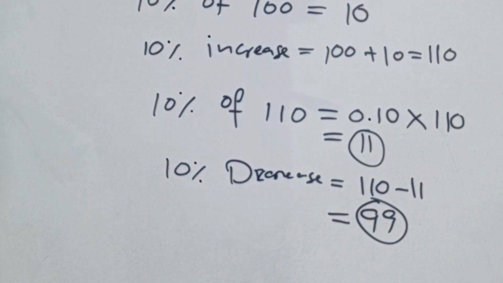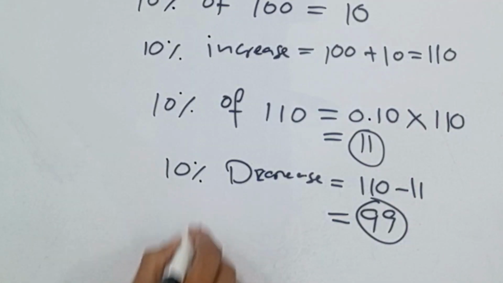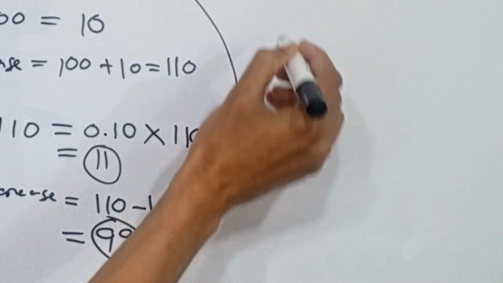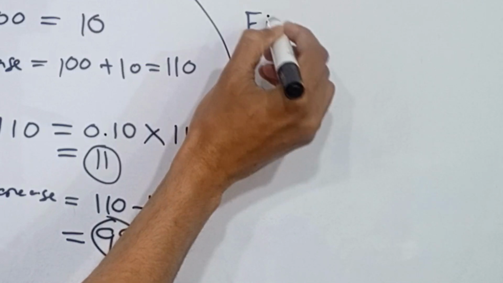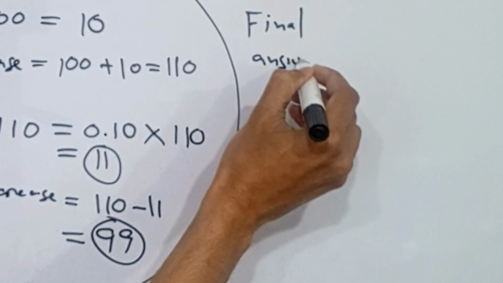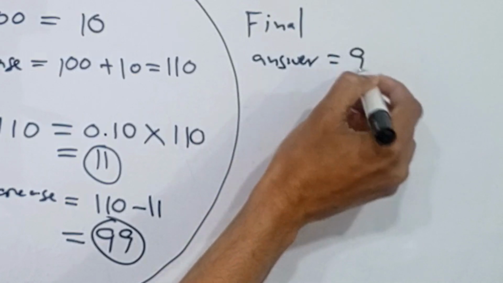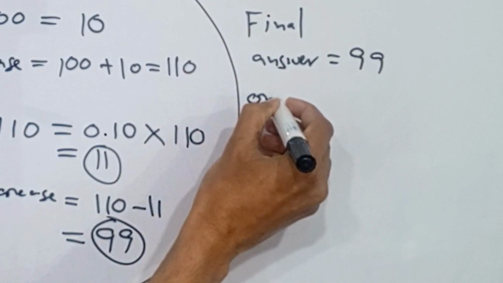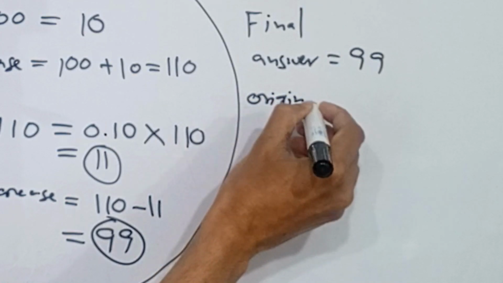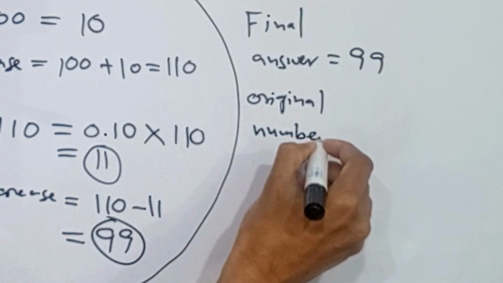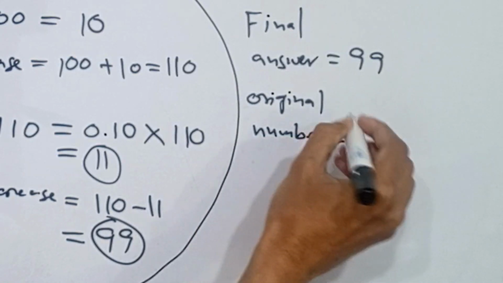Calculate the net change. Okay, final answer. So the final answer is equal to 99, right? And the original number is equal to 100.